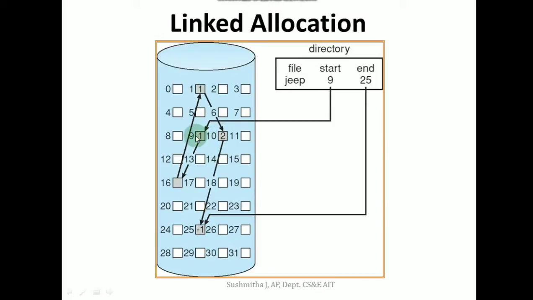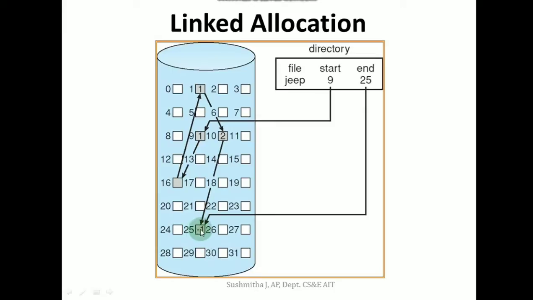Starting with block number 9, this block number 9 is leading to block number 16, and block number 16 is leading to block number 1. Block number 1 is leading to block number 10, and block number 10 is leading to block number 25.